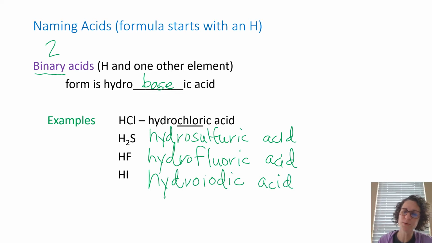So pretty straightforward on those. Some of the other ones you'd have like hydrobromic acid. I can't think what other ones would be super common. But there are not a lot of these. Again, follow that same format. Put a hydro at the beginning for the hydrogen, the base, and then ic acid. So that's binary acids.